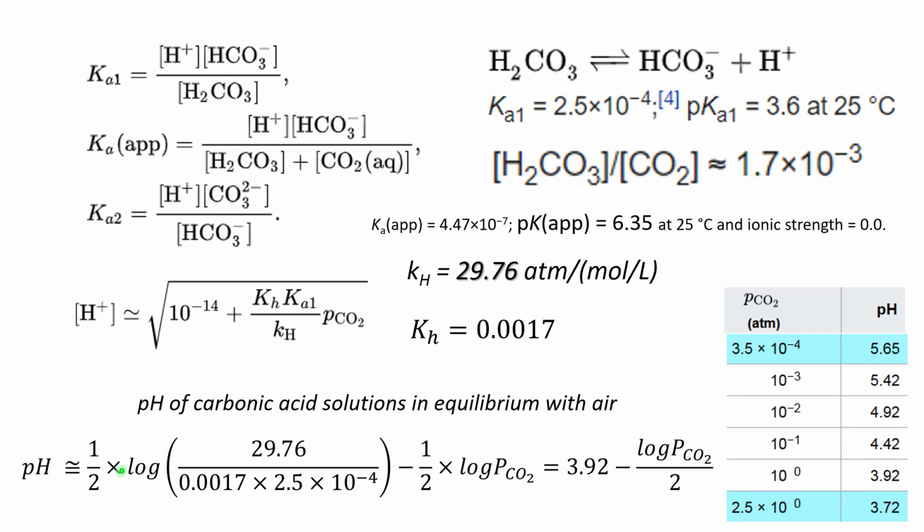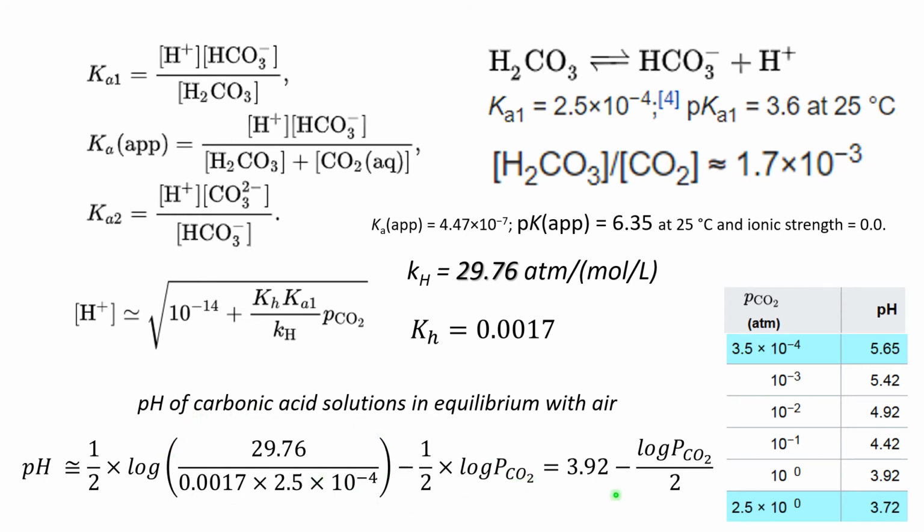pH will be 1/2 of log of this expression. I'm skipping this one. So hooking in numbers for Henry constant, for equilibrium constant between two forms, and for acidity constant, and 1/2 of log of pressure of CO2 in atmospheres.